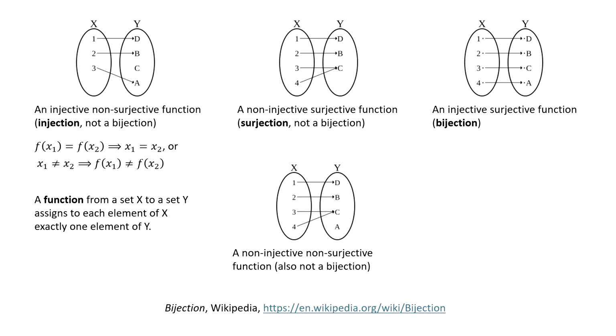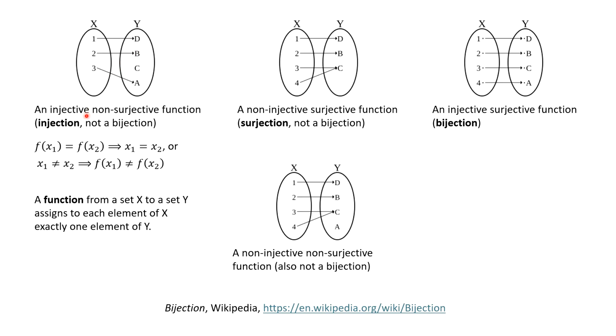Let's review what's meant by injection, or 1 to 1, surjection, or onto, and bijection, which is 1 to 1 and onto. I took these diagrams from the Wikipedia article, and the thing to note here is the domain and codomain are just finite sets, but I think it still illustrates the point. Let's start here on the upper left.